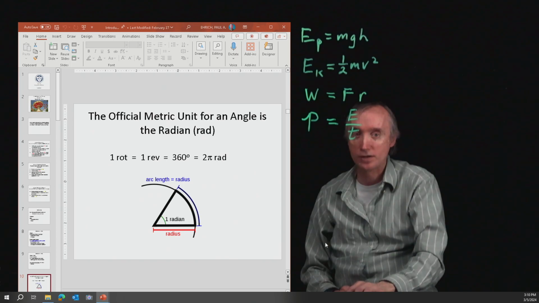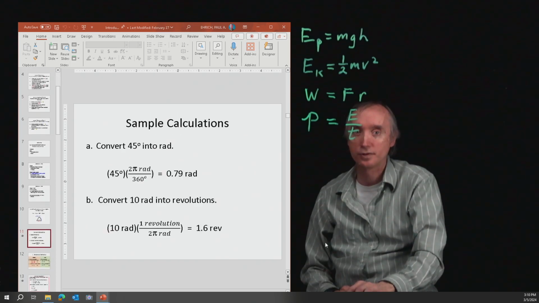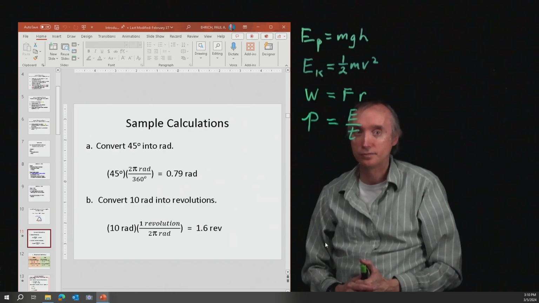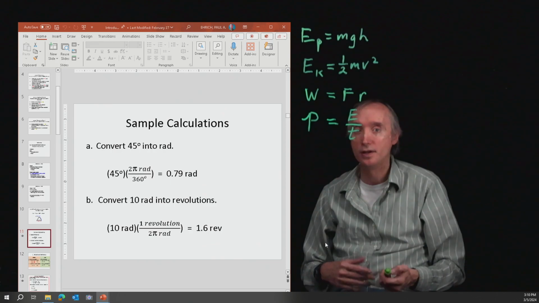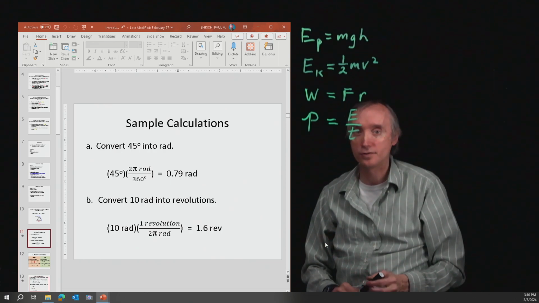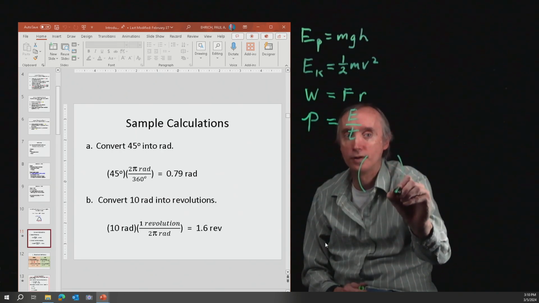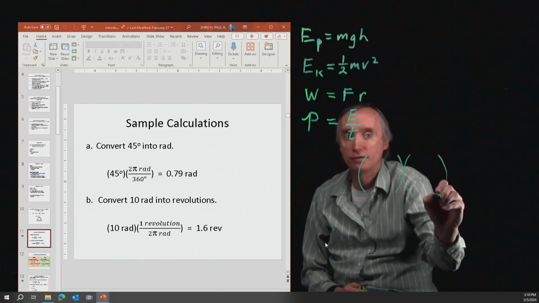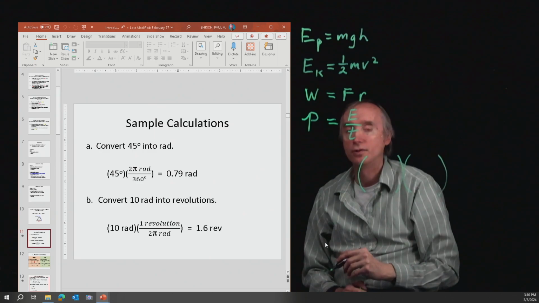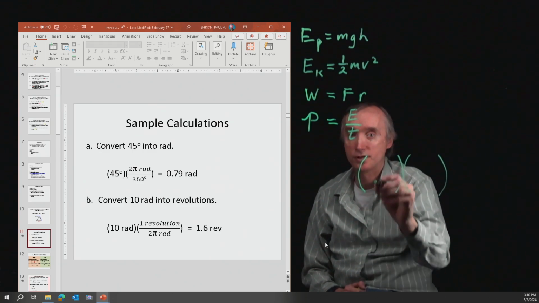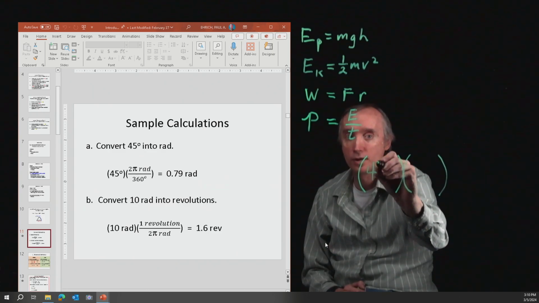Let's make sure that you know how to do this. Convert 45 degrees into radians. So how many radians is equal to 45 degrees? You're always going to do 2 sets of parentheses. In the first set, you write down what you start with, in this case 45 degrees.